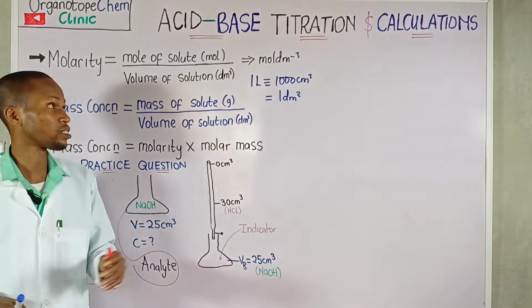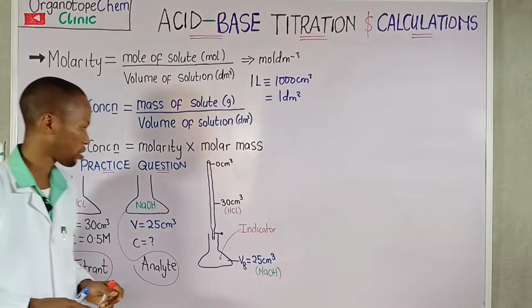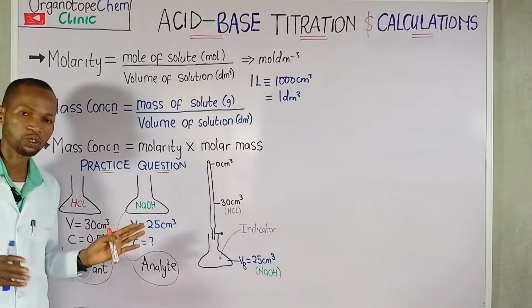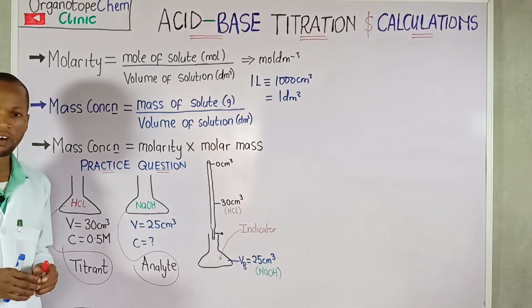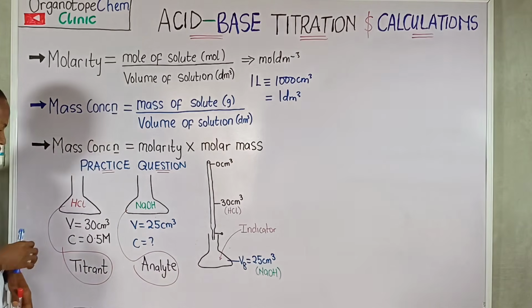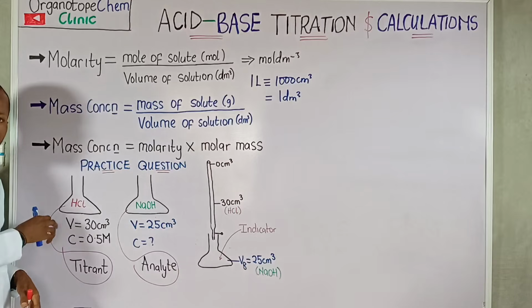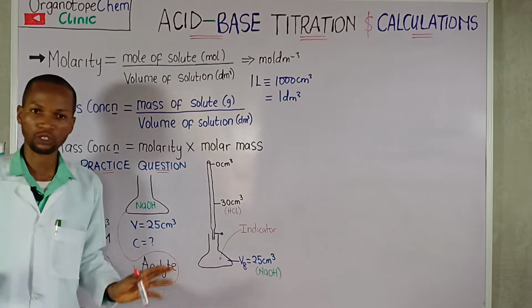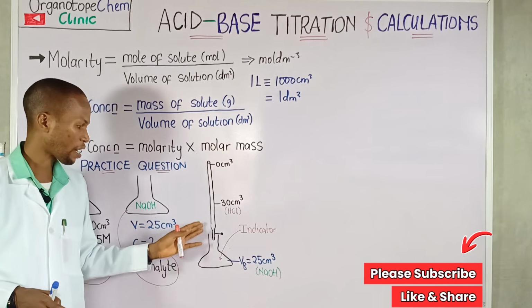The question is on titration calculation. We have the acid right here, which is the HCl, and we have the sodium hydroxide in the other container. We can observe that the volume of the acid is determined by titrating the HCl against sodium hydroxide as shown in the diagram.